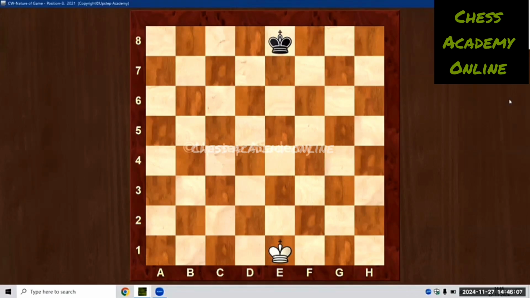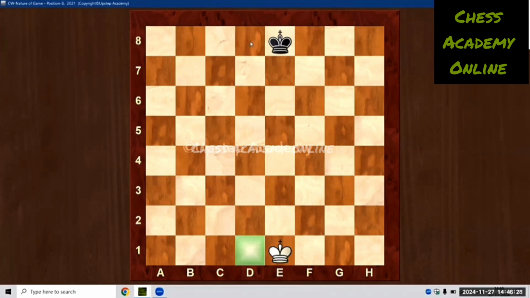Kings on the opposite color square. Also, when you set up a chessboard, the bottom right hand corner, that is the square H1, should be a white color square. The bottom right hand corner of both players must be a white, light square.